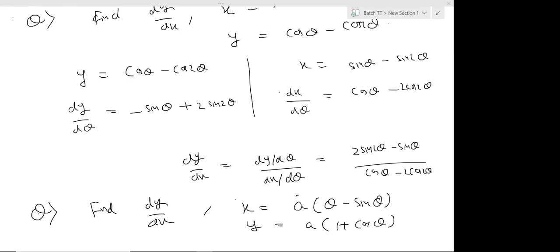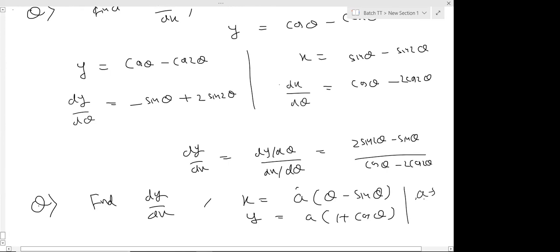All right, Zed. So do we need to use UV rule here? You need to think that. Do you have two products in multiple? A is a constant. A is always a constant, right? Yes.